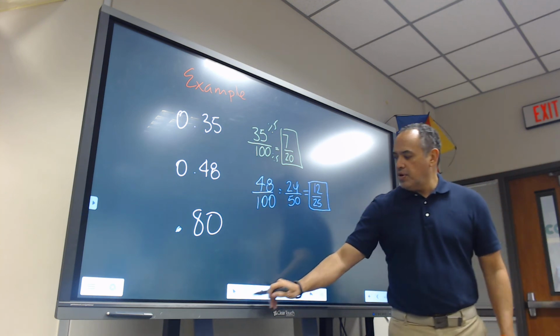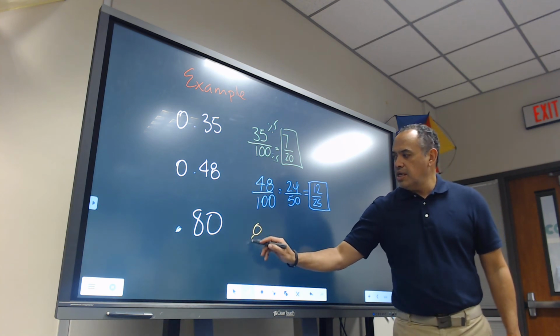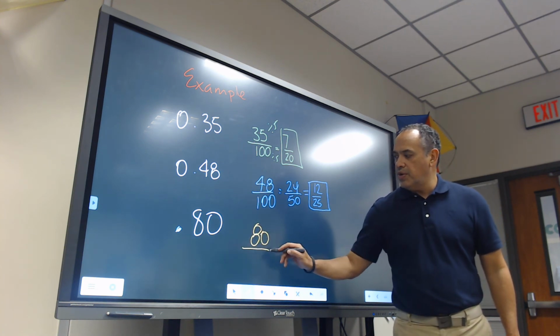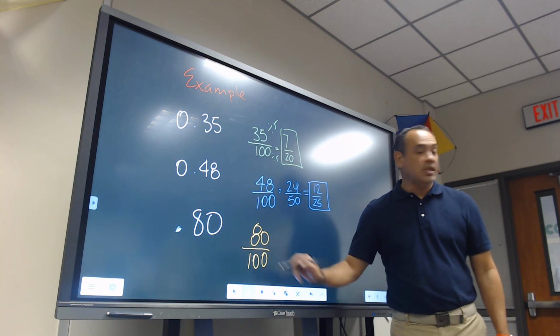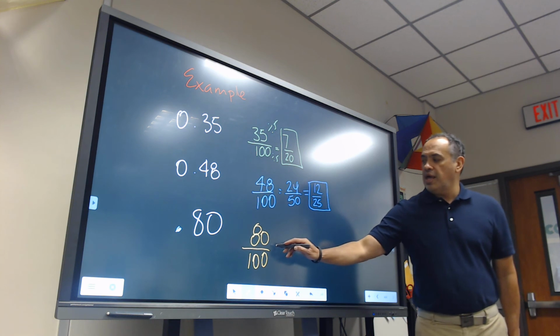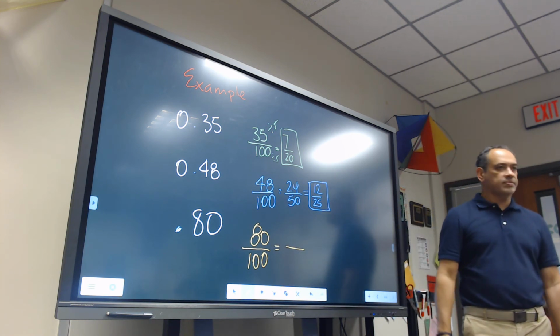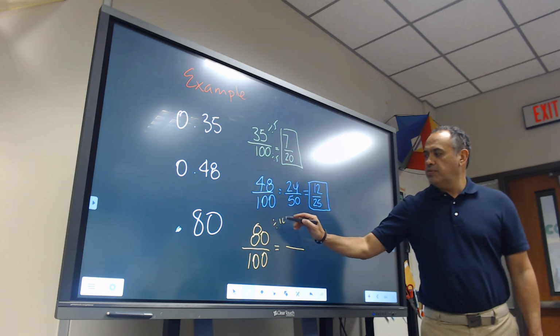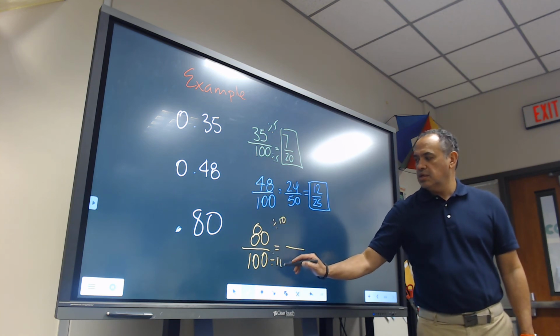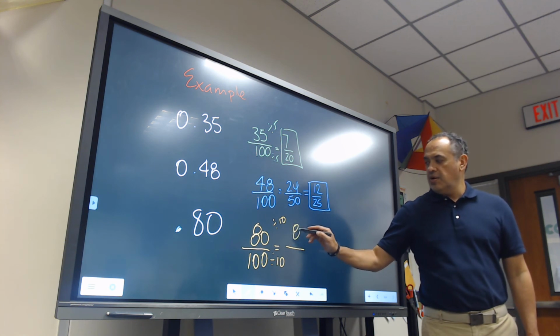So I am going to write 80 over 100, because the 0 is a digit. I'm a 5th grader, so I know I can divide this by 10. Divide both sides by 10, and I get 8 over 10.